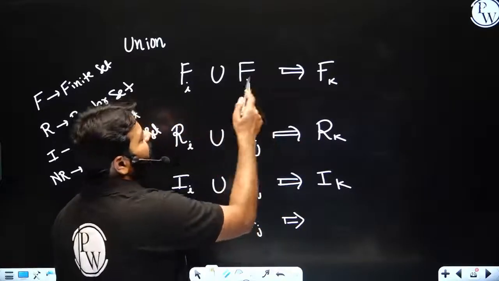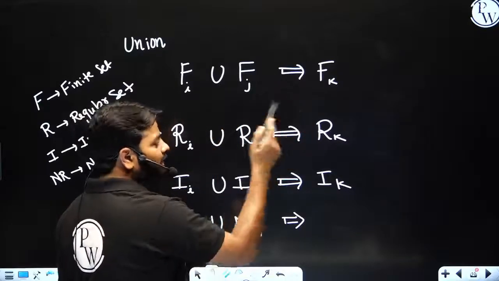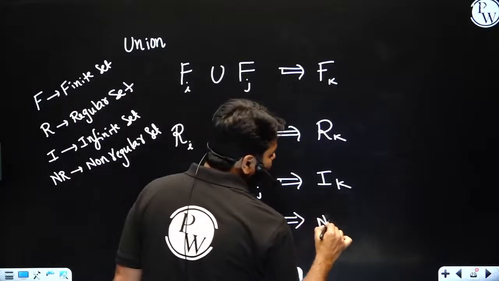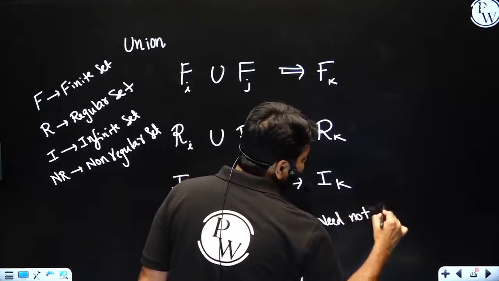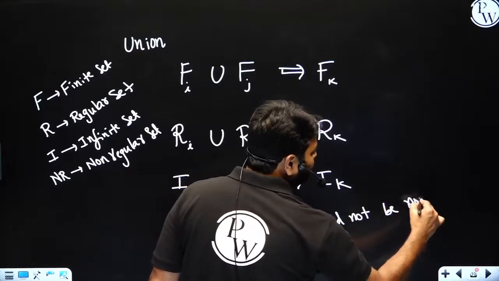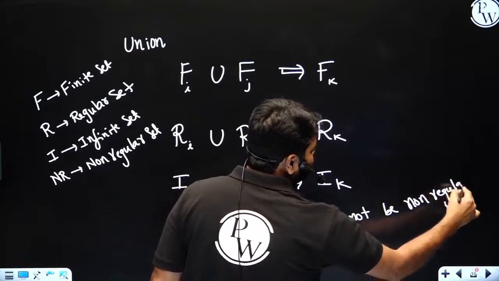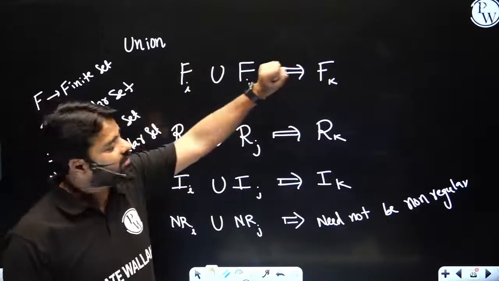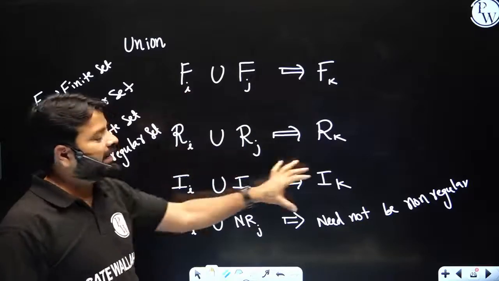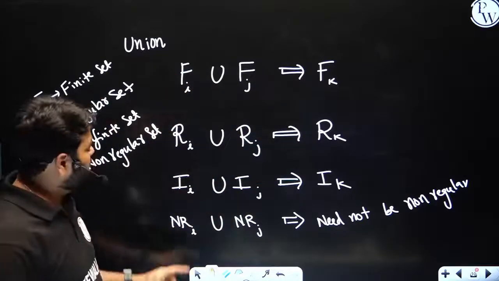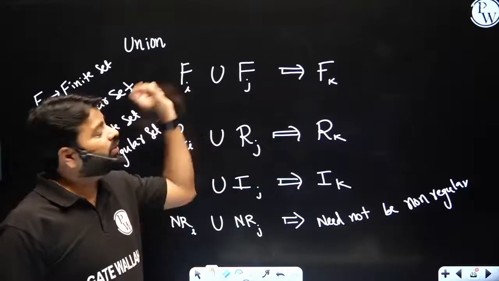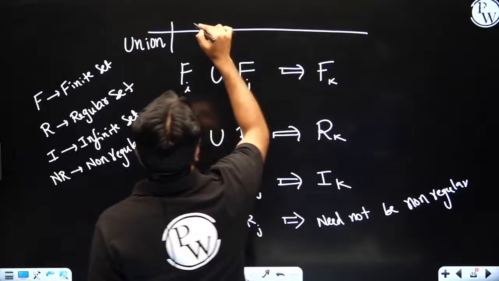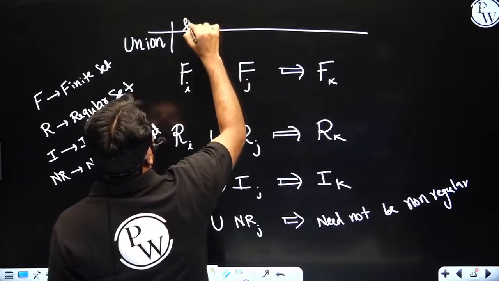Finite union finite is finite, regular union regular is regular, infinite union infinite is infinite, but non-regular union non-regular need not be non-regular. That's why union is closed for these three domains: for finite languages, for regular languages, for infinite languages. For non-regular languages, this union is not closed.